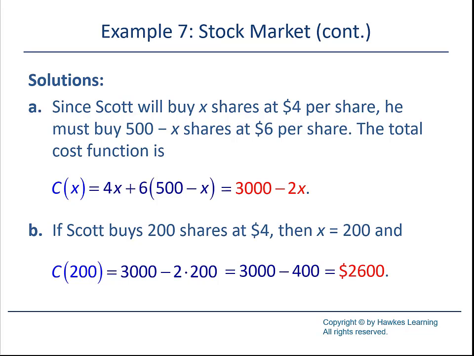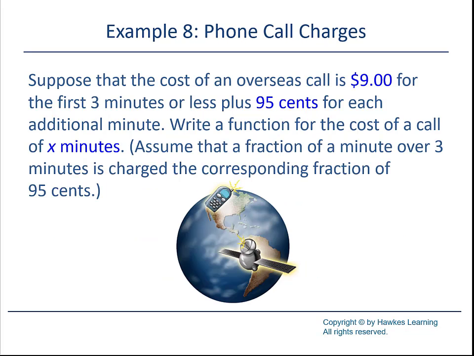There's another summary. And example number 8. Now this is the tricky one, but the one that definitely is used every day. We have an overseas call. You pay $9 for the first 3 minutes or less.